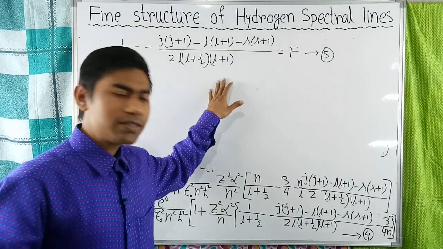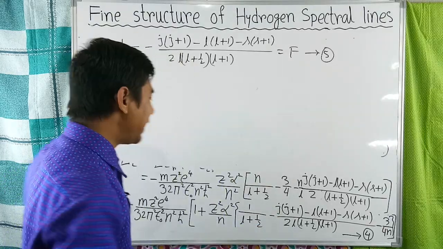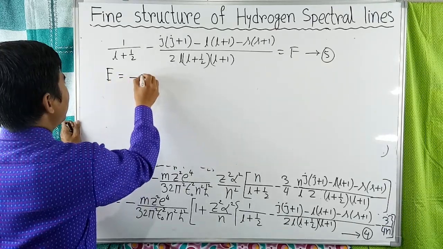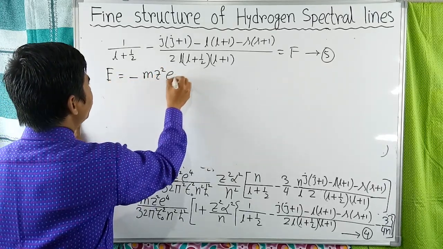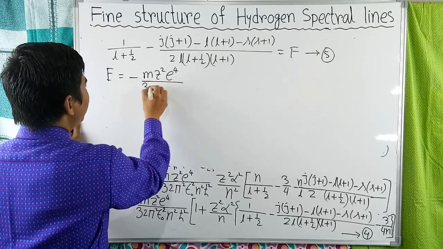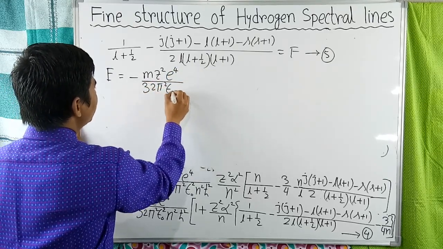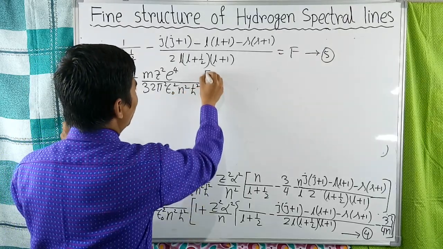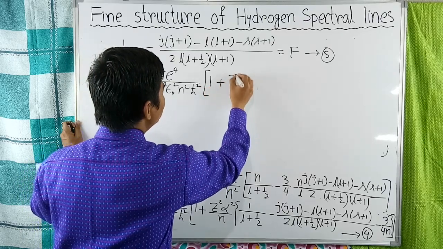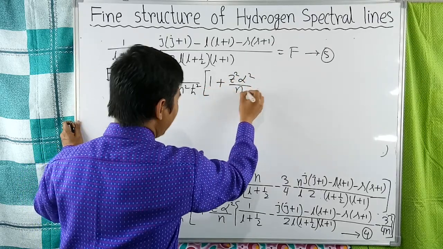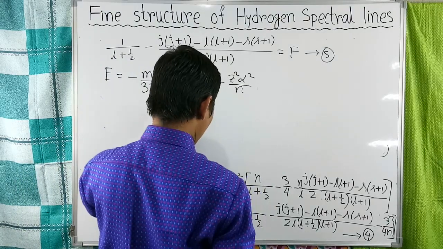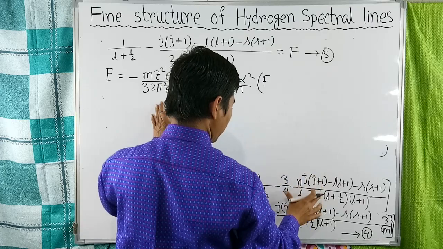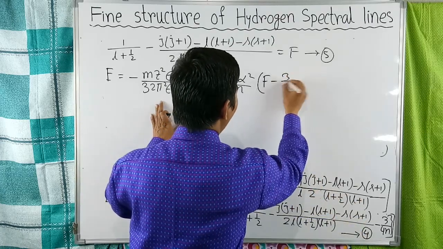So, using this, equation 4 can be written as total energy E equals minus m Z squared e to the power 4 by 32 pi squared epsilon 0 squared n squared h cut squared, into 1 plus Z squared alpha squared by n, into F, minus 3 by 4n.